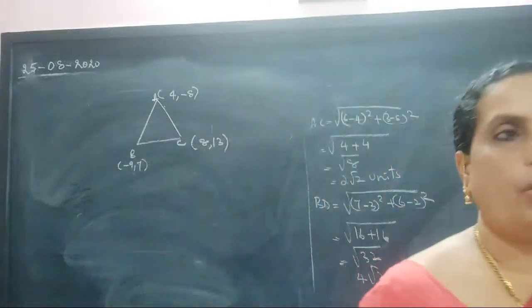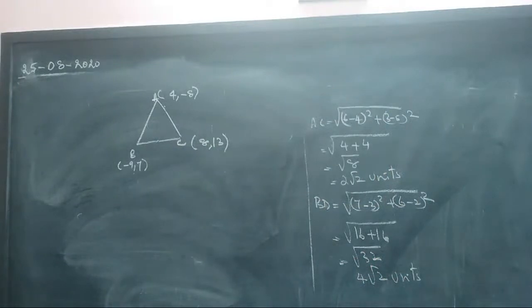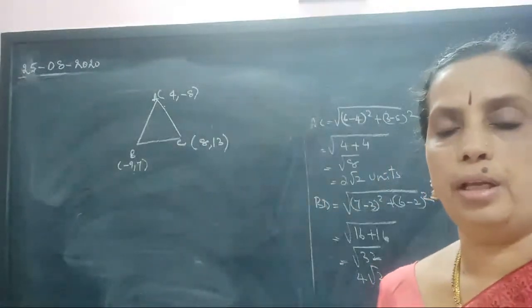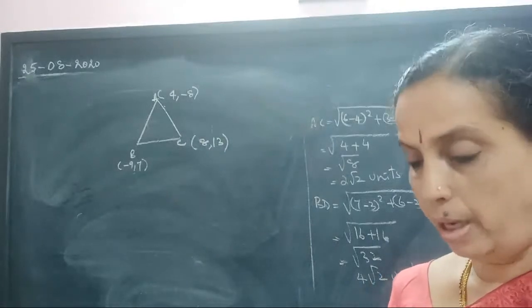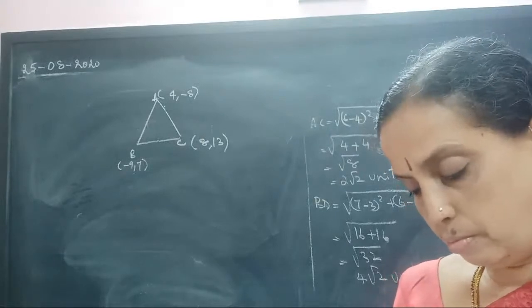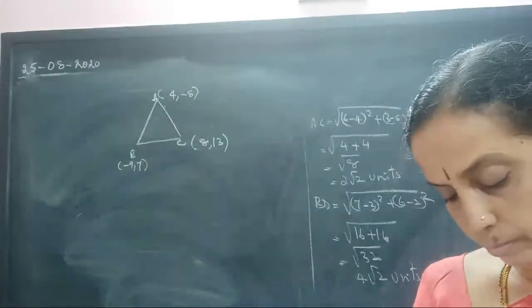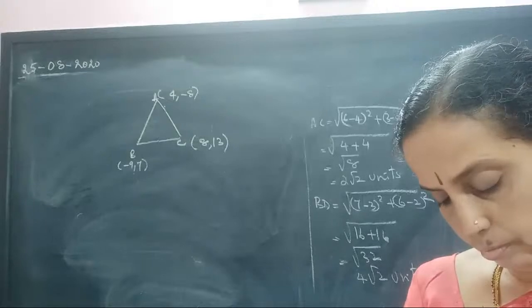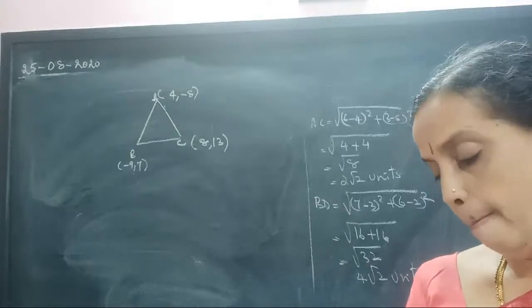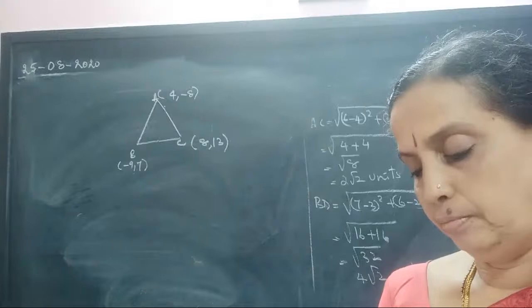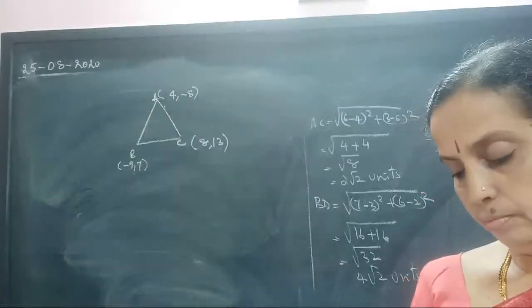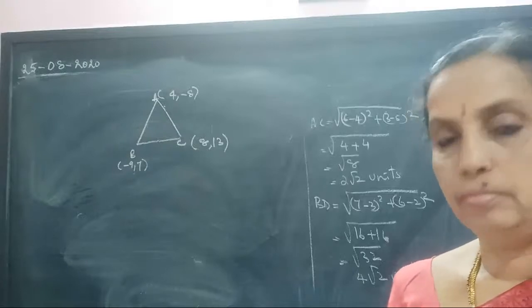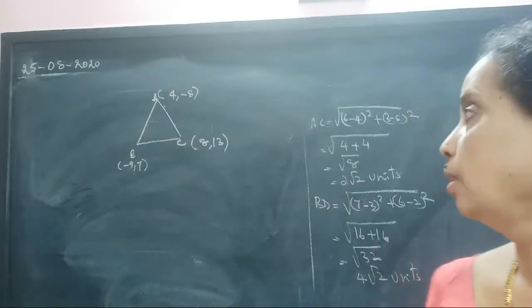Calculate the centroid coordinates using the formula (x1 plus x2 plus x3) by 3, (y1 plus y2 plus y3) by 3. What's the answer?